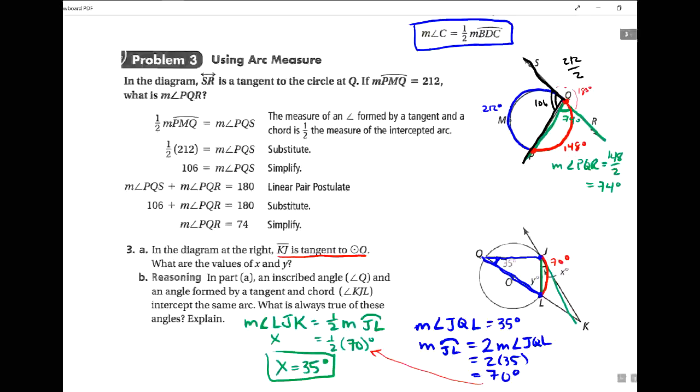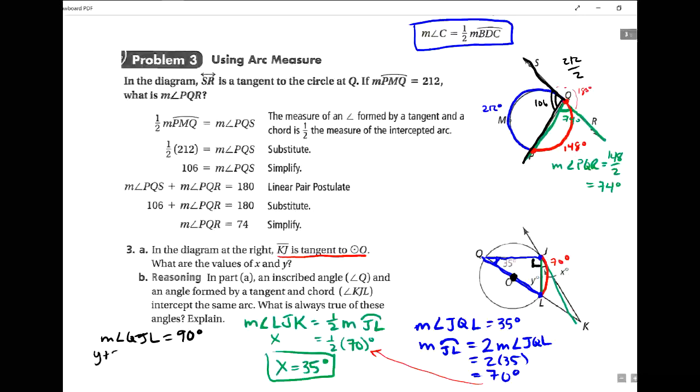Now we need to do some more of these. I see a diameter here. There's the center of my circle. So I know that I have a right angle there at J. I know that the measure of angle QJL, it's supposed to be a J, is 90 degrees. And then I can find y simply by triangle angle sum theorem.